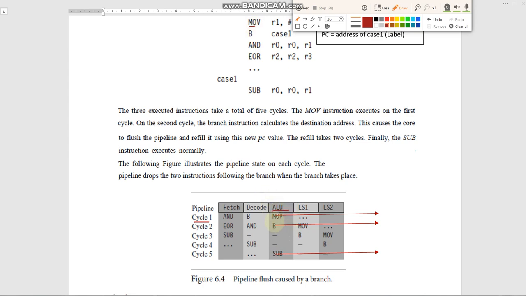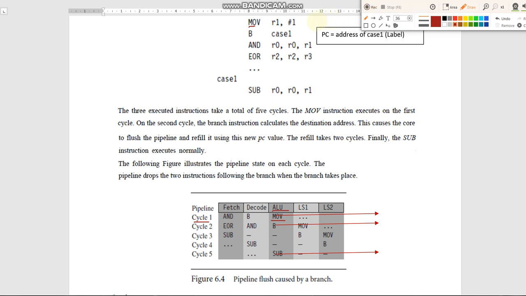It is a very simple instruction: copy the immediate value 1 into the R1 register. In cycle 1 itself, the execution of the move instruction is completed.